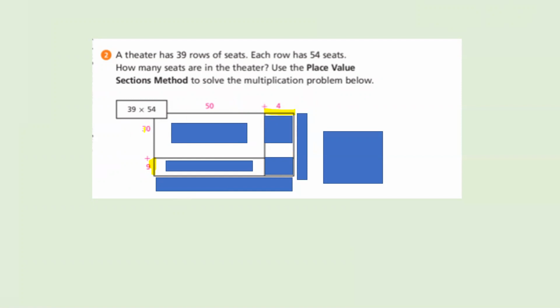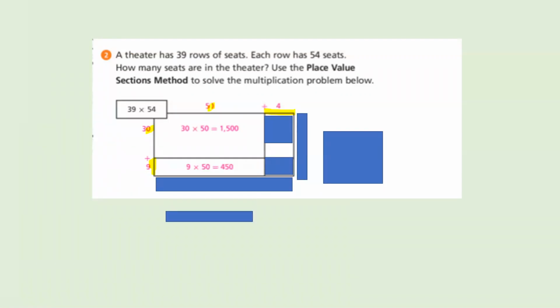So this is 50 times 3, 30. So ignore the zeros. 5 times 3 is 15. Add the zeros, 1,500. And then we have 50 times 9. Get rid of the 0. 5 times 9 is 45. Add your 0, 450. And then 30 times 4, because it's 4 by 30, 120.